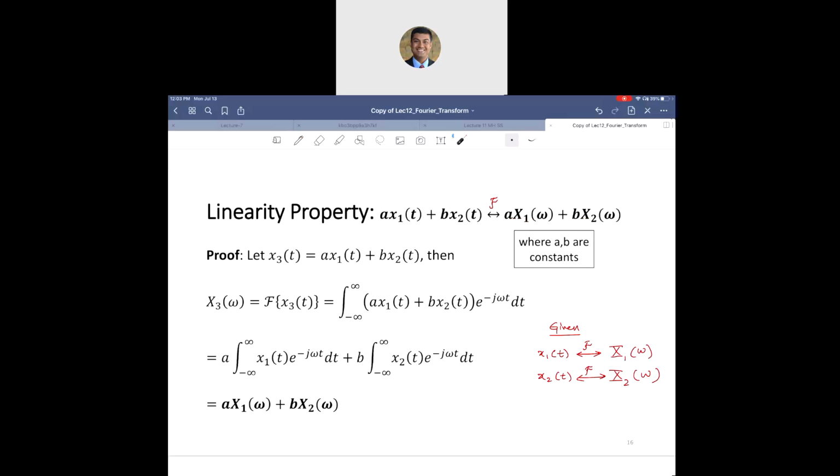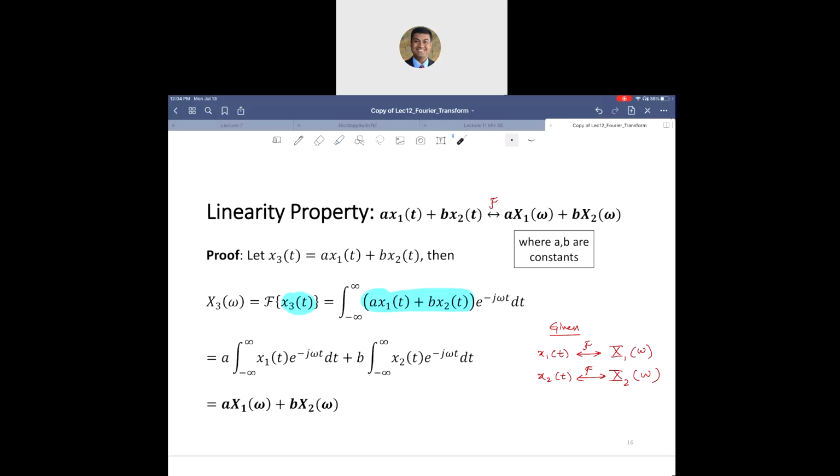And you can prove this by considering a new signal x3 of t, which is the scaled and summed version, a x1 of t plus b x2 of t. Then the Fourier transform of x3 of t can be written by using the direct integration of the Fourier transform as the integral from negative infinity to infinity of a x1 plus b x2, times e to the negative j omega t, dt.